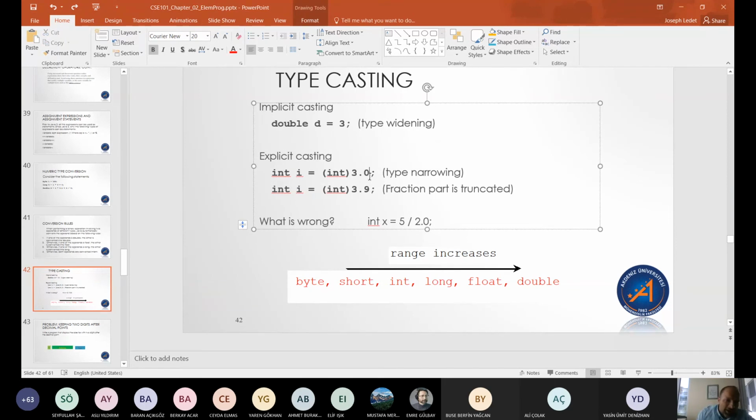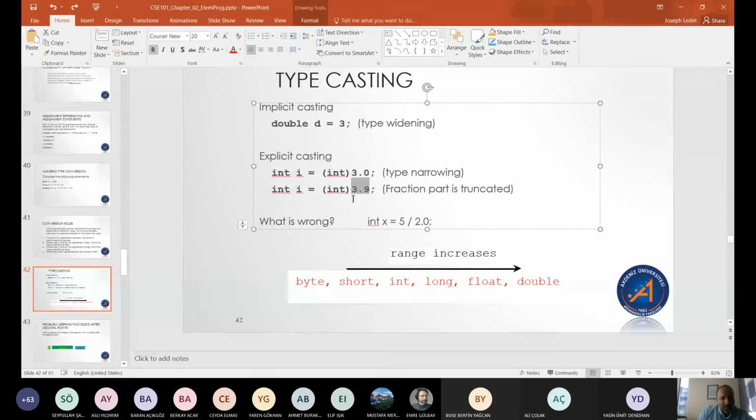Even though you and I could look at this 3.0 and say, well, that's a whole number, I should be able to put that into an integer variable, Java would give you an error when you tried to do this. So we have to explicitly cast. We have to say, I want to take this and make it into an integer, and put it into an integer variable.